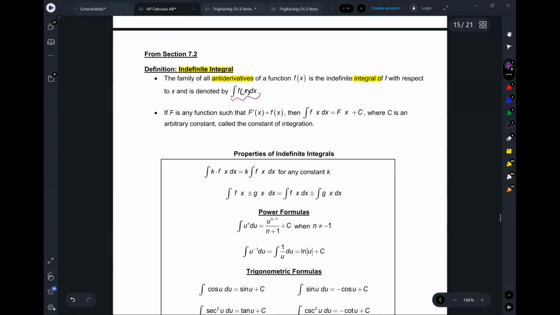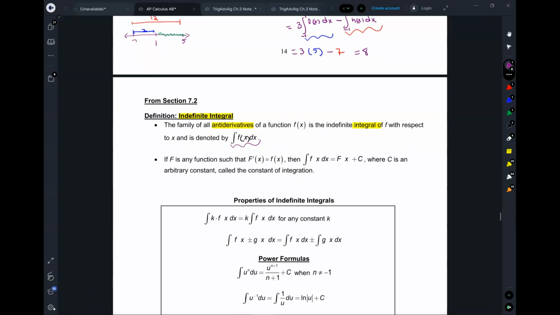Okay, so what do we mean by that? Let's take a look at a function actually. Suppose y is equal to x cubed, and I want to take the derivative y prime. What is that? That's 3x squared, right? Now, that we knew from like two chapters ago. But now, are we able to go backwards? So imagine now I gave you 3x squared.